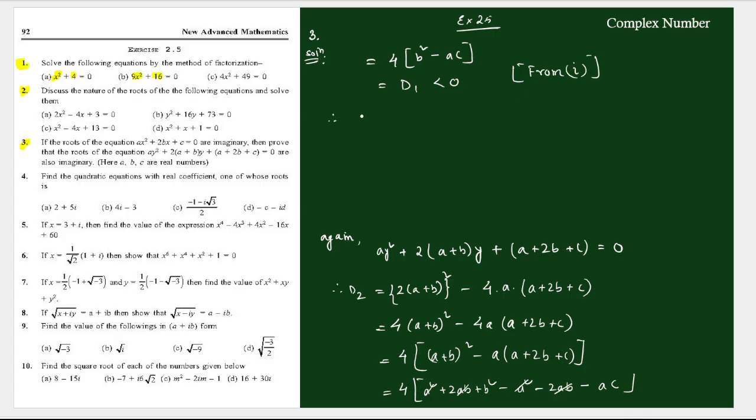So therefore d2 equal d1, this is less than 0.